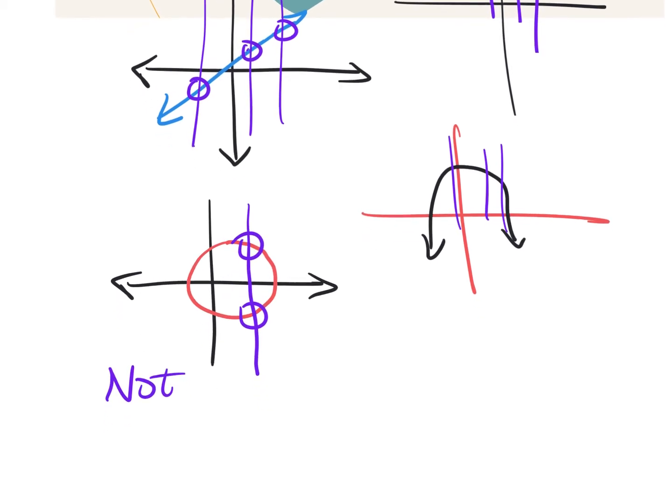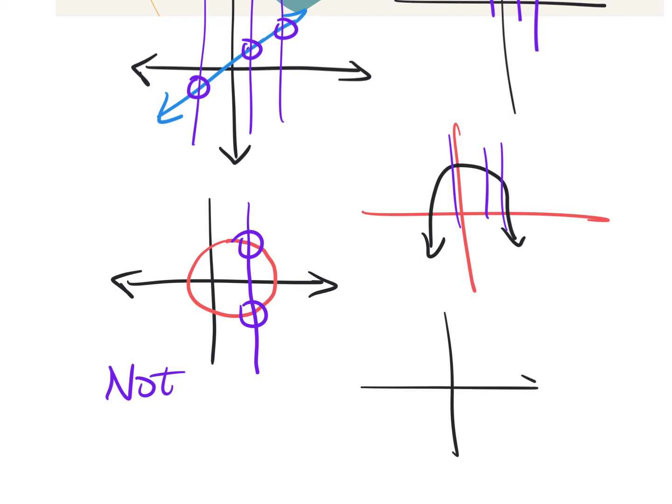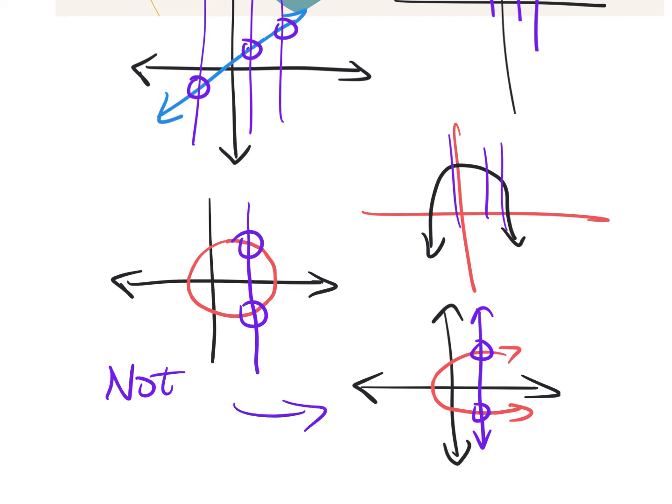And even if it's a hyperbola, which looks like a parabola turned sideways, if I were to graph this and then draw my vertical line, notice it fails. It hits it 2 times. So anytime you draw a vertical line down through your graph, if it touches it 2 times, more than once, then it's not a function. So this one is also not a function.